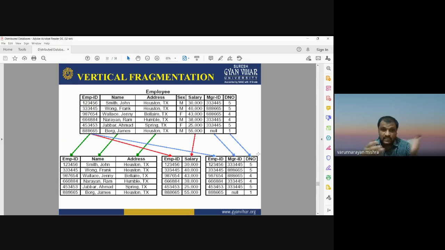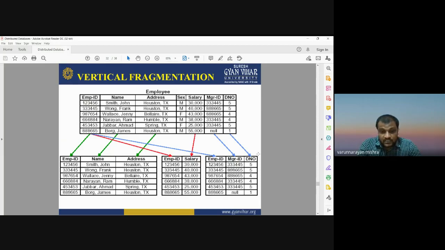So the entire table is fragmented vertically into three tables, and each table is based on the employee ID, which is the primary key used for the vertical fragmentation.